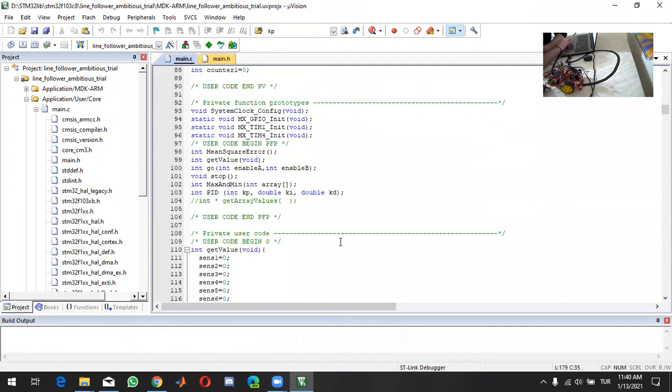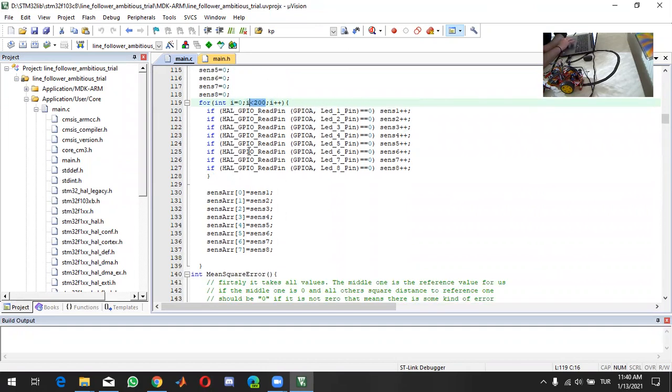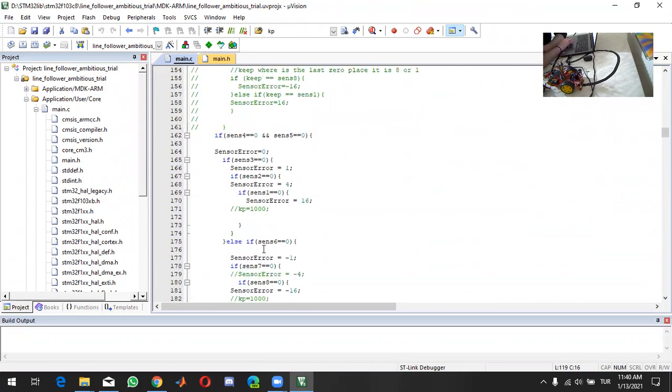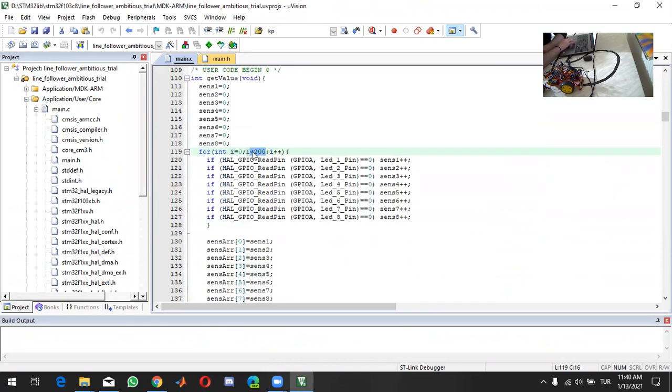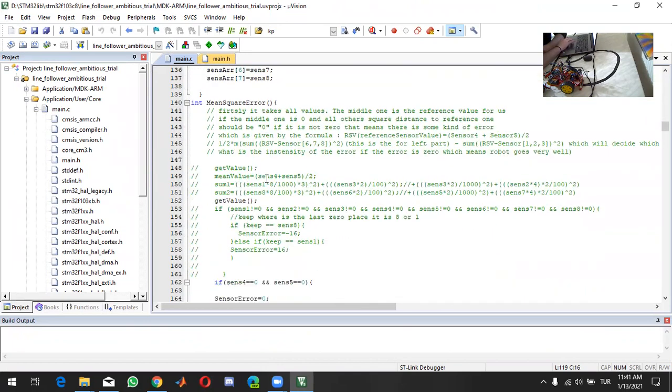Firstly, I capture the values from the sensors. This number is very important because you just use some of them. You don't need 1,000 or 5,000 or thousands of samples. Just take some and evaluate your situation. If you take more, your delay will increase.